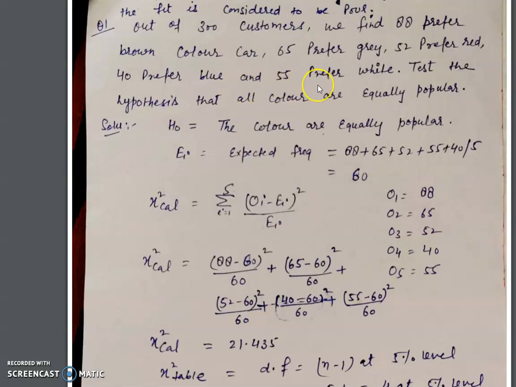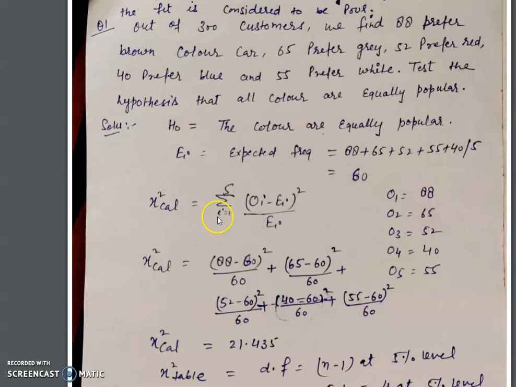So these are the observed frequencies. Expected frequency means the mean of the observed frequencies. Finding the mean of the observed frequencies, this value is 60.